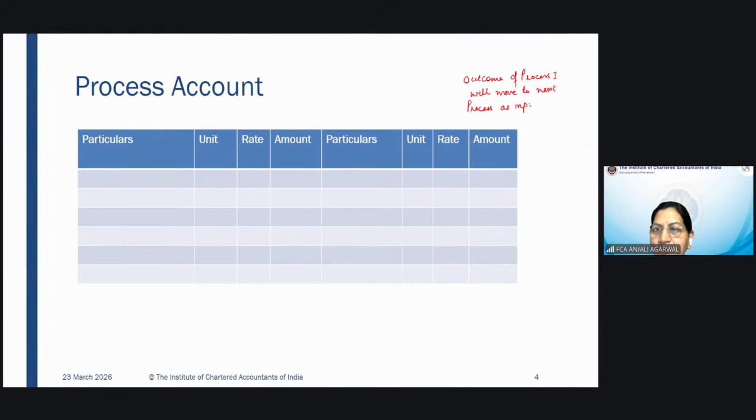So in process one, whatever the elements of cost you incur, like the material cost, then the labor or wages, then some overheads in the process cost.